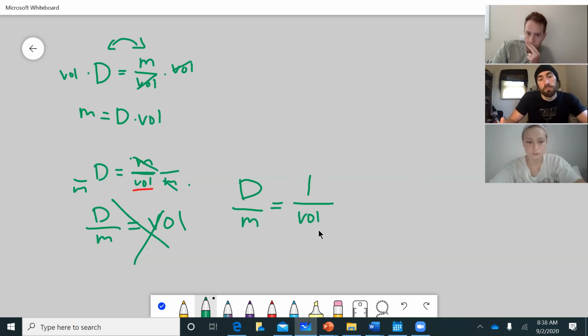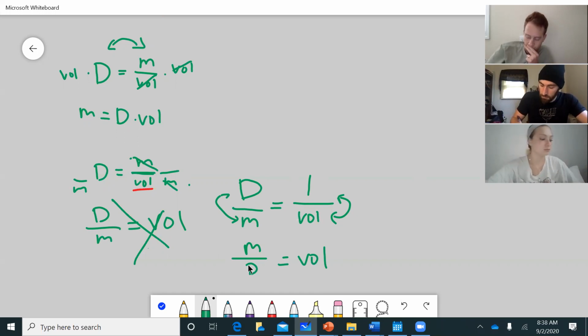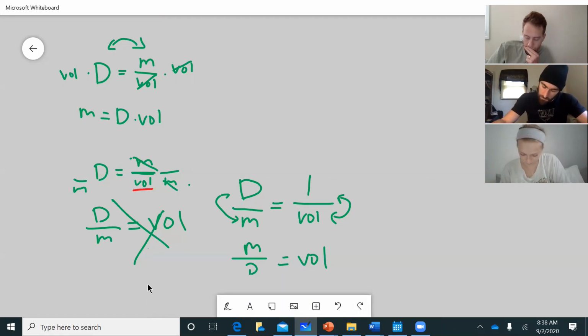So to finish this off, because I don't want the inverse of the volume, I want volume, I have to flip-flop these. So mass divided by density is actually equal to volume, not density divided by mass. If you're like, oh, it's close enough, right? No, those will definitely give you different numbers.